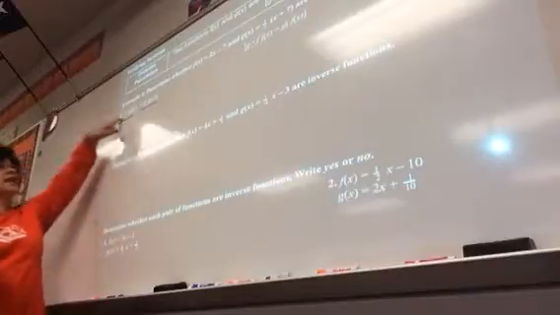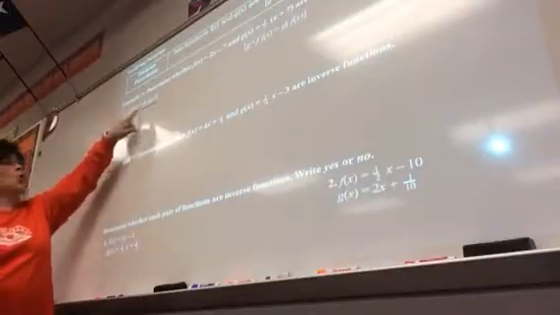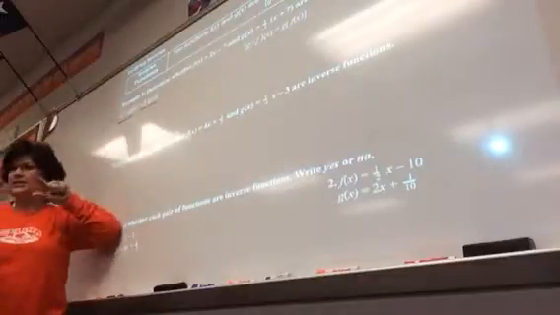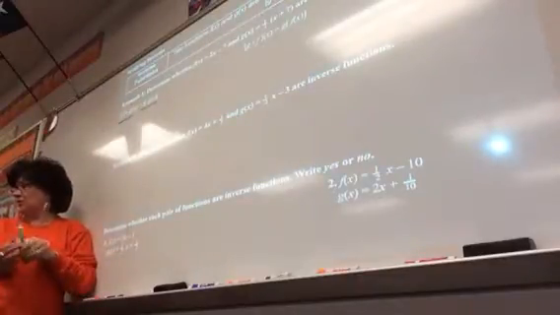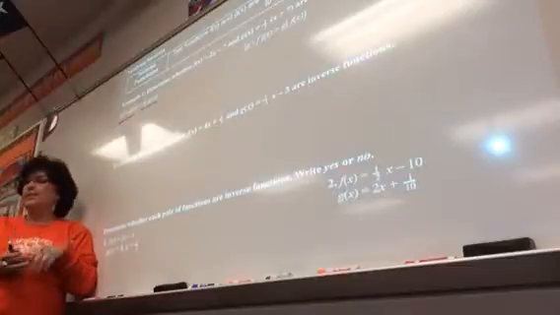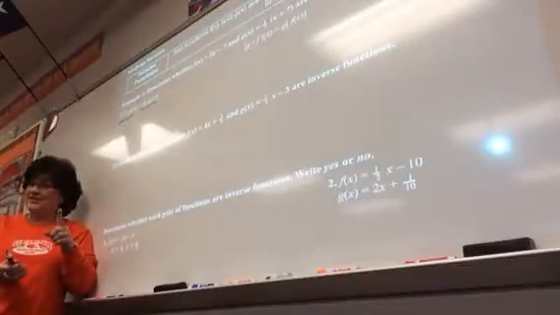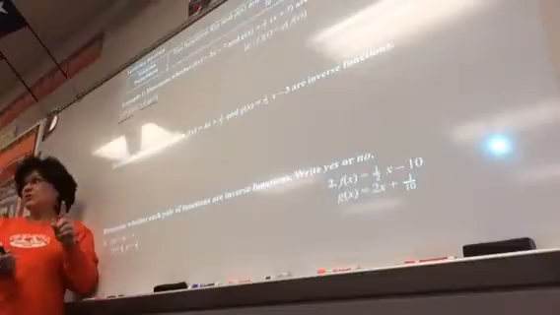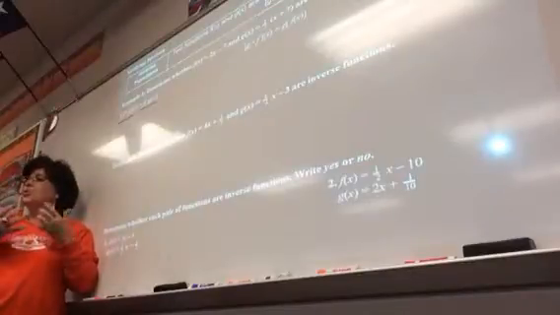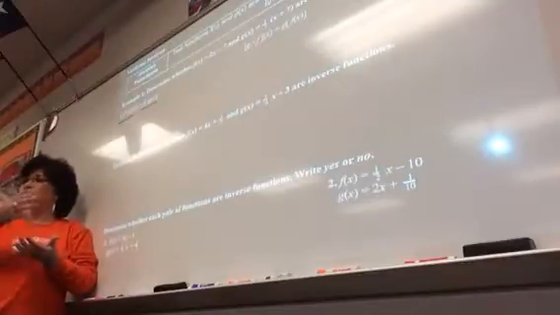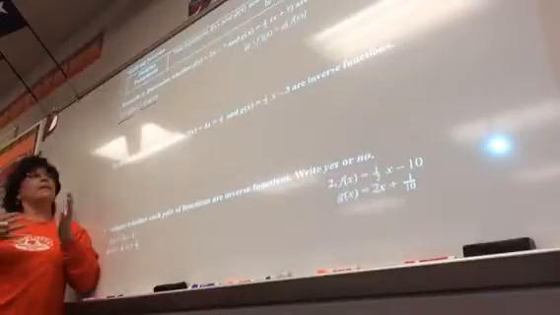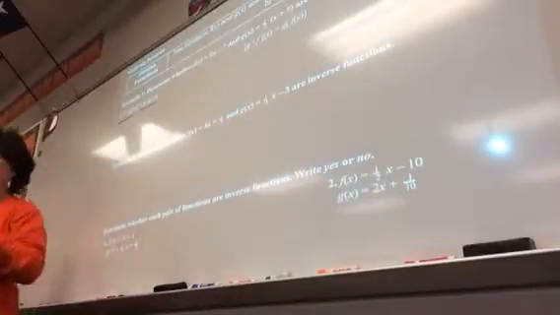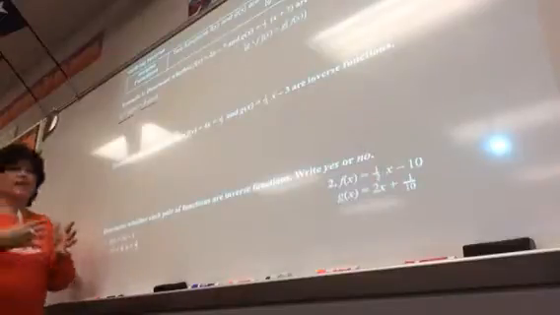Kids like to say f times g because they definitely look similar to what we've used multiplication for, right? But Algebra 2 students, these are not multiplication. These are what we call composition of functions, and you use the word of. F of g of x.